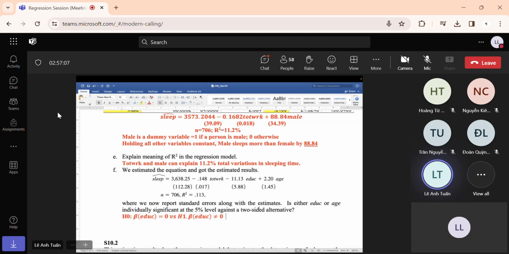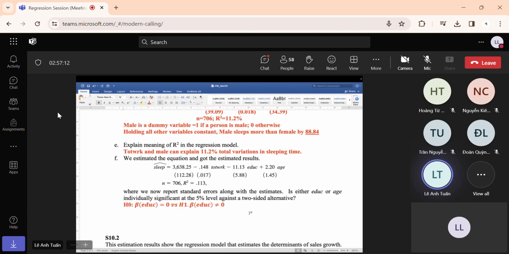It is significant in two sides. We have the coefficient and we have the standard error, so we can calculate the t.